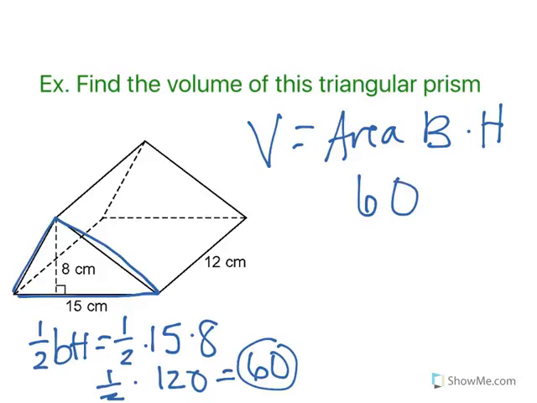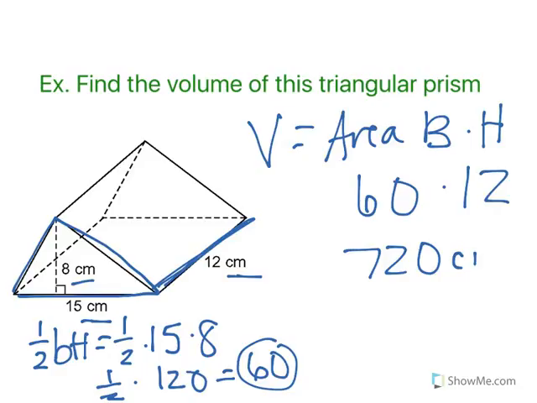Now I just have to take 60 times my height, which is 12. Well, I know 6 times 12 is 72, and I'm going to add the 0. So my volume is 720, and I have to include my units. Volume is also, again, cubed because we're multiplying 3 different dimensions. So it's going to be centimeters cubed.